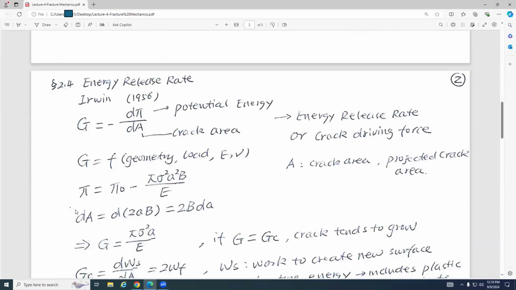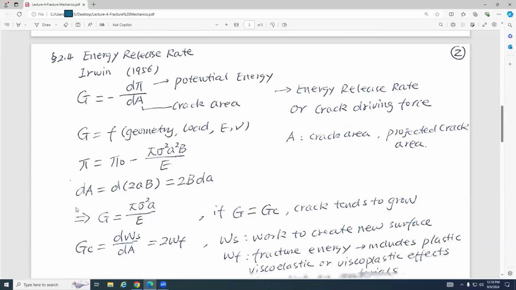And then we talk about the energy release rate. Energy release rate is a very, very important concept in fracture mechanics. This is from Professor Irwin, 1956, almost 70 years ago.